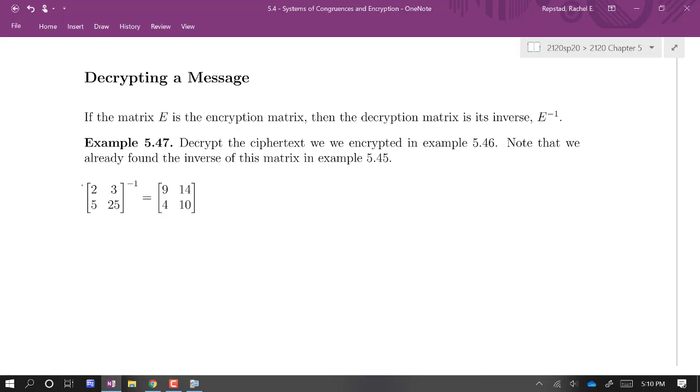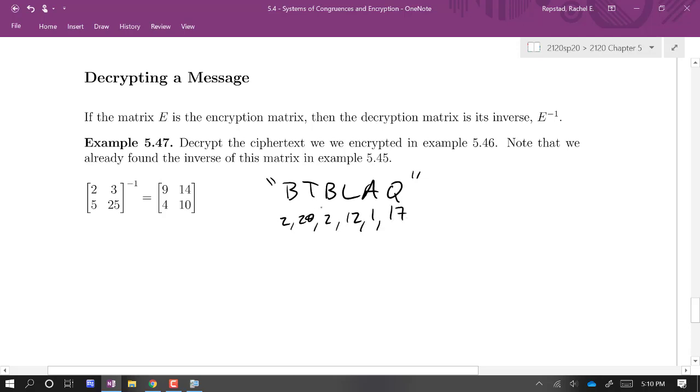And so suppose somebody sent us the super secret message BTBLAQ, right? So the first thing I do is I go to that table that tells me what letter corresponds to what number, and I find that this is 2, 20, 2, 12, 1, 17. Those are the numbers that correspond to this encrypted message. I know the decryption matrix, right? The inverse, we might call this the decryption matrix, or the decryption key.